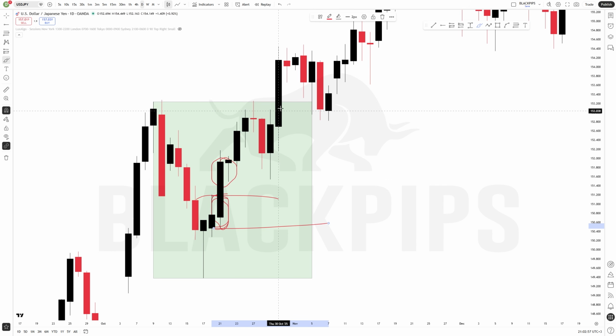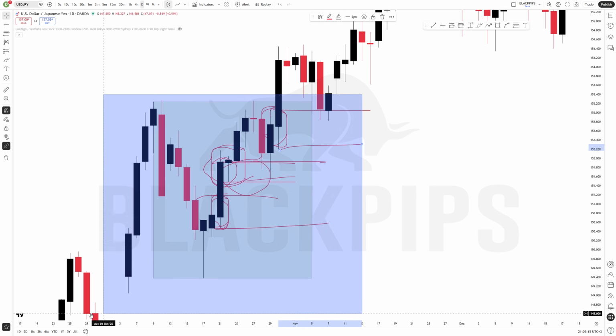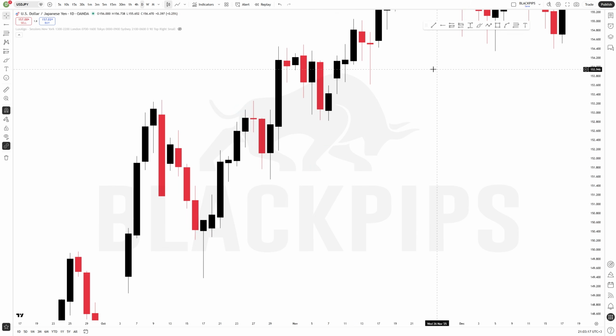But I saw another new wick overlap, which was here, and the price had already taken it. Because I have this wick overlap here, I considered it our main target in that area of liquidity, and this is my area of focus.